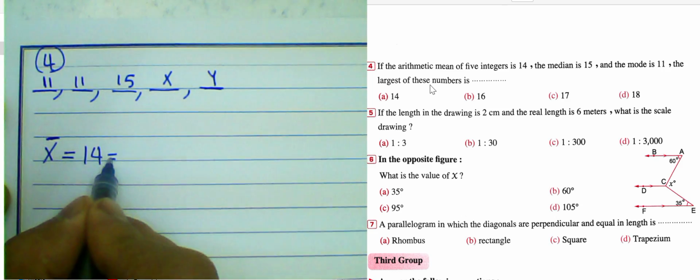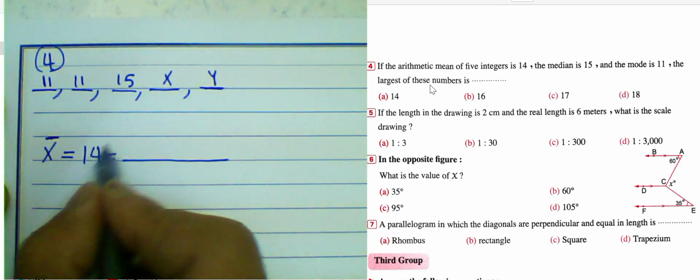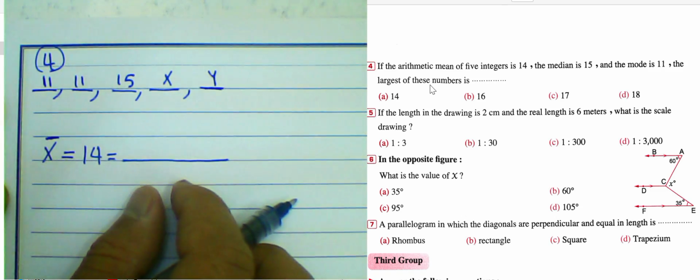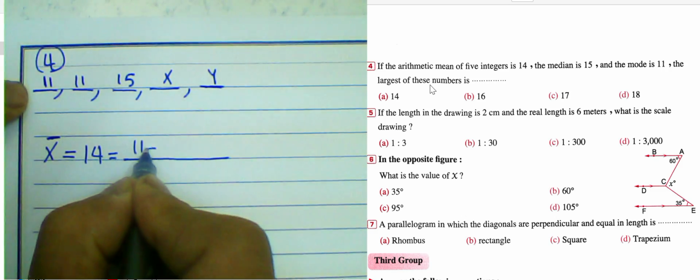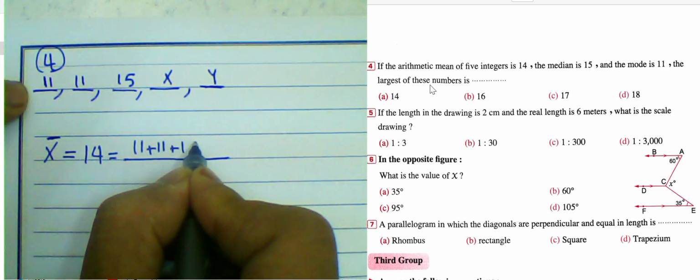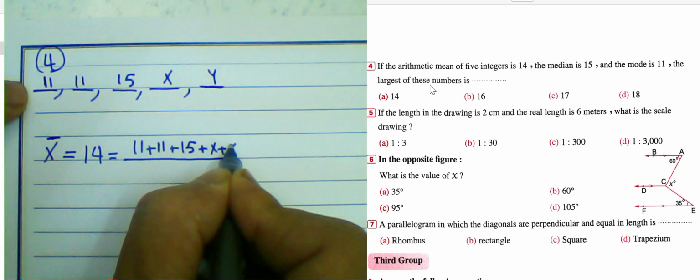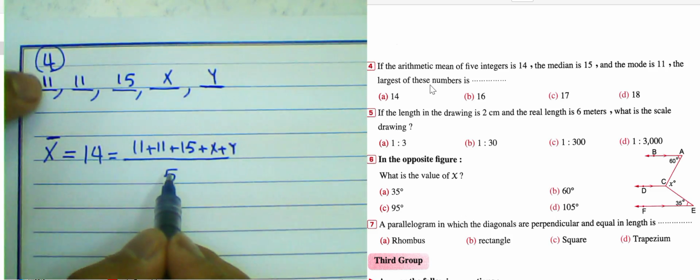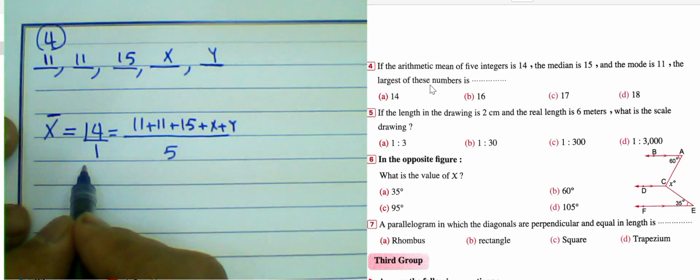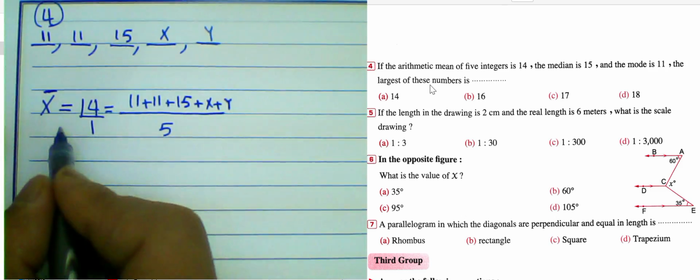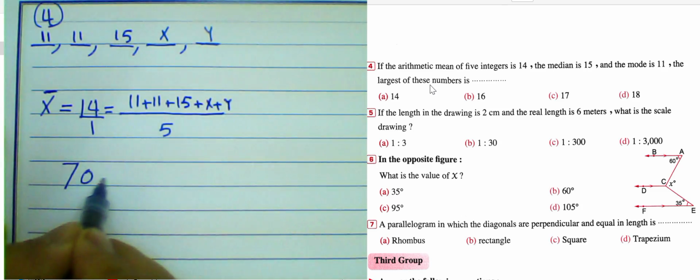We know the arithmetic mean equals the sum of all numbers divided by the number of digits. We can write 11 plus 11 plus 15 plus x plus y, divided by 5. Then using the product of extremes equals the product of means, 5 times 14 will be 70.